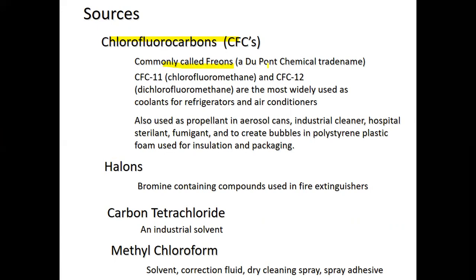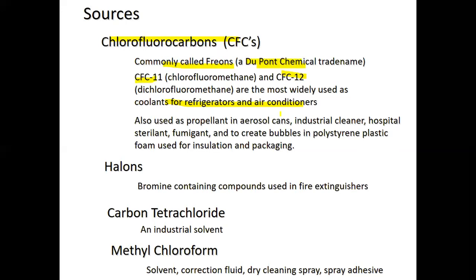It is a DuPont chemical. DuPont is an organization, like Unilever in Sri Lanka or India; likewise, DuPont is a popular organization in the USA.